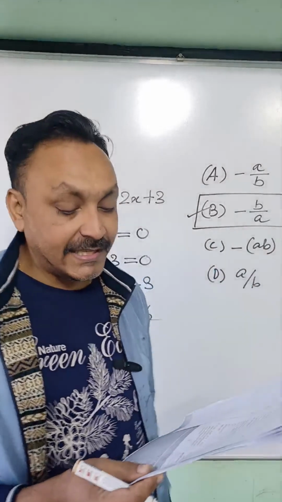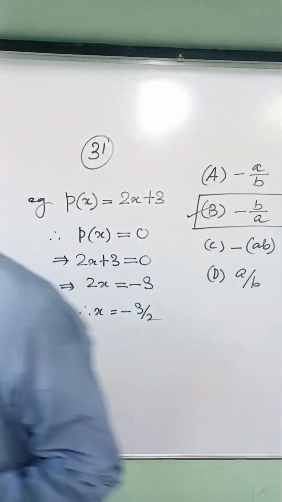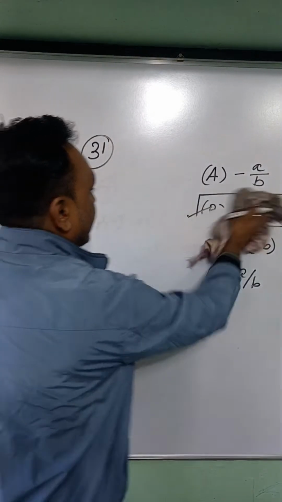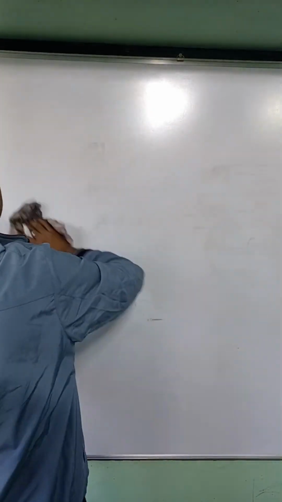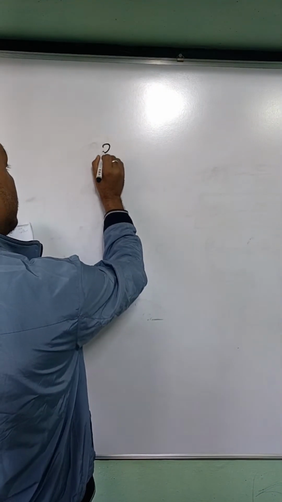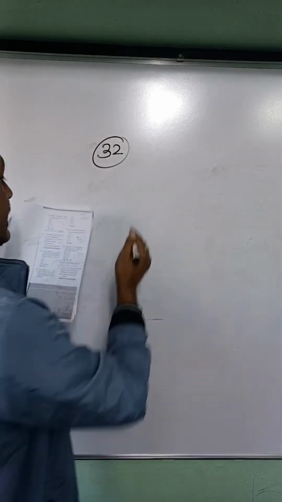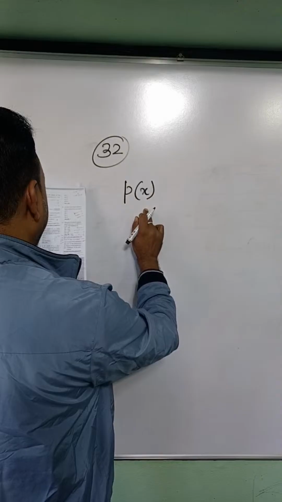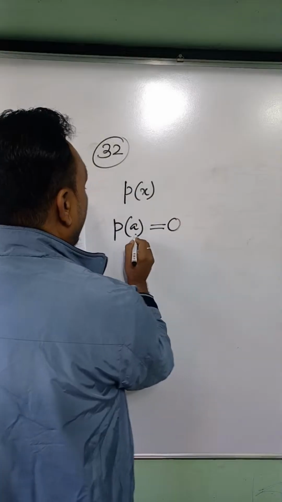If a polynomial is given and you get the result 0, then what is a called?